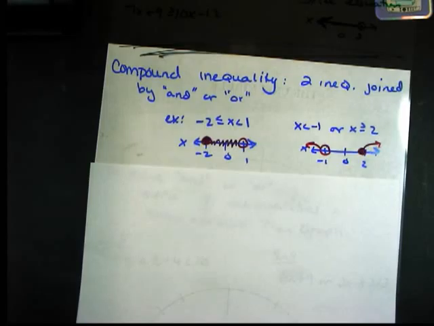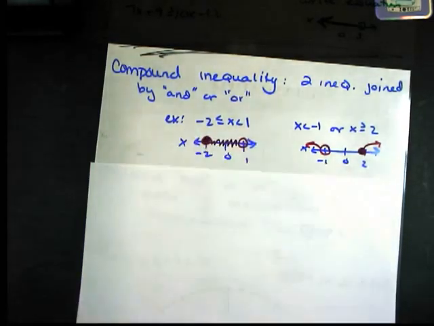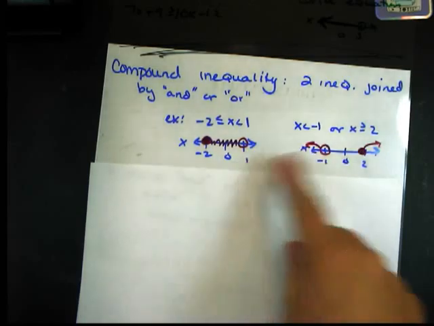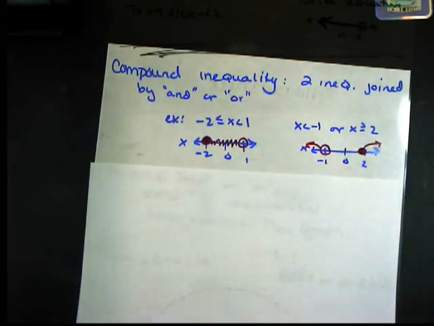An and will always shade in between those 2 points. An or will always go in opposite directions. You're either one way or the other. You cannot be both. But when you're an and, you are between two places.